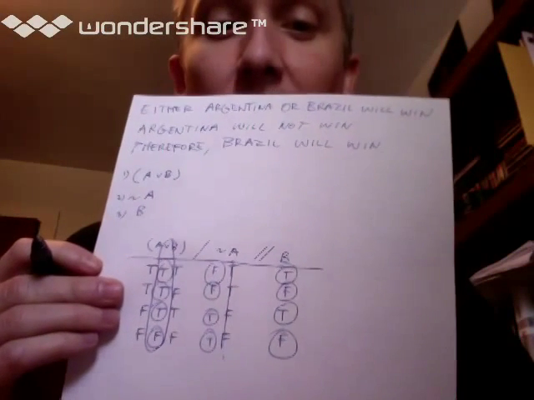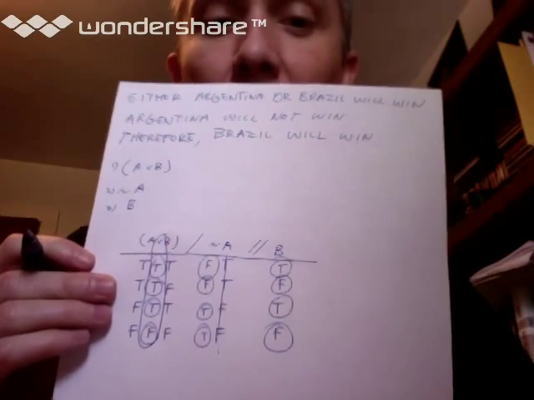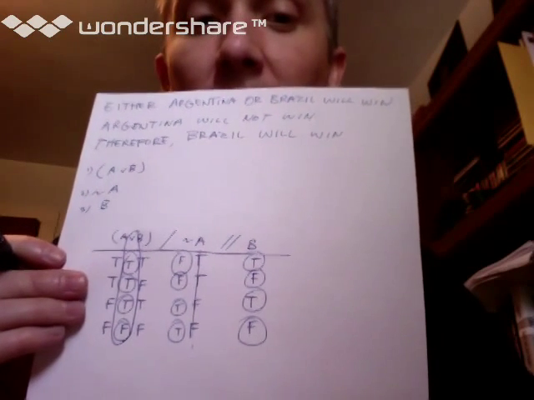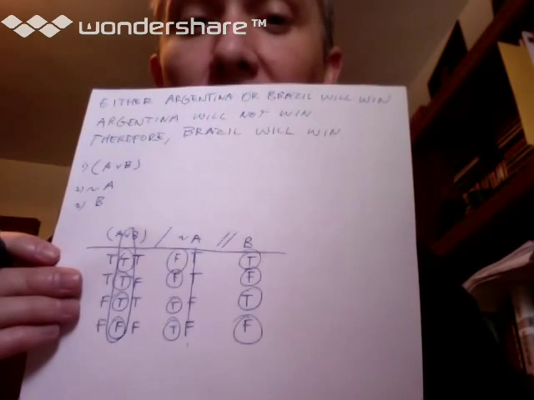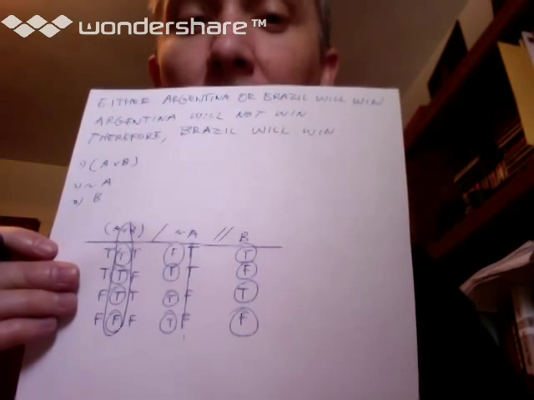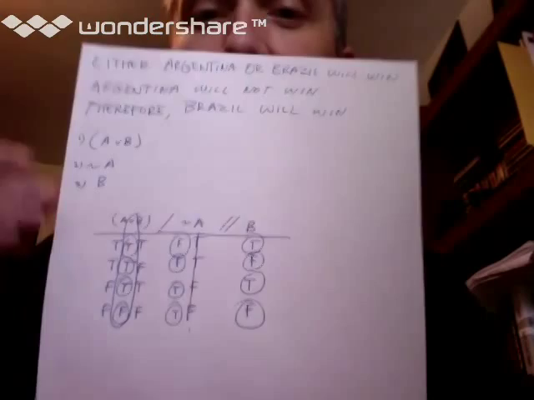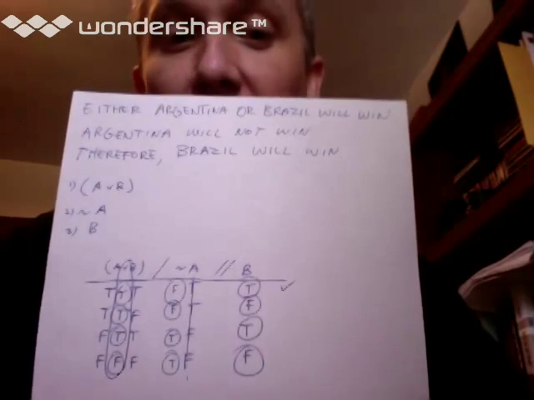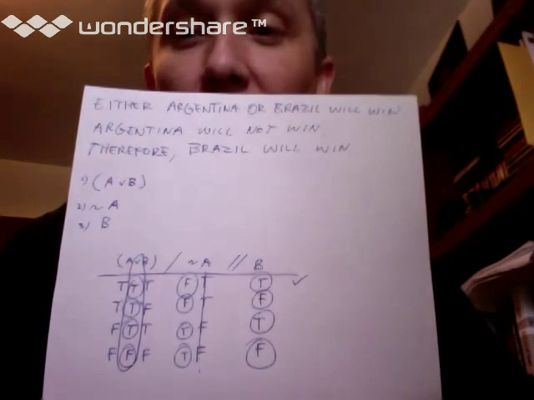So I circle all of them so I know what I'm doing, right? And I compare them horizontally. So the first line we have true, false, true. Okay, I'm going to put a little check mark there and I'll tell you why in a second. I put a check mark next to that because it shows that there's nothing wrong with that line.